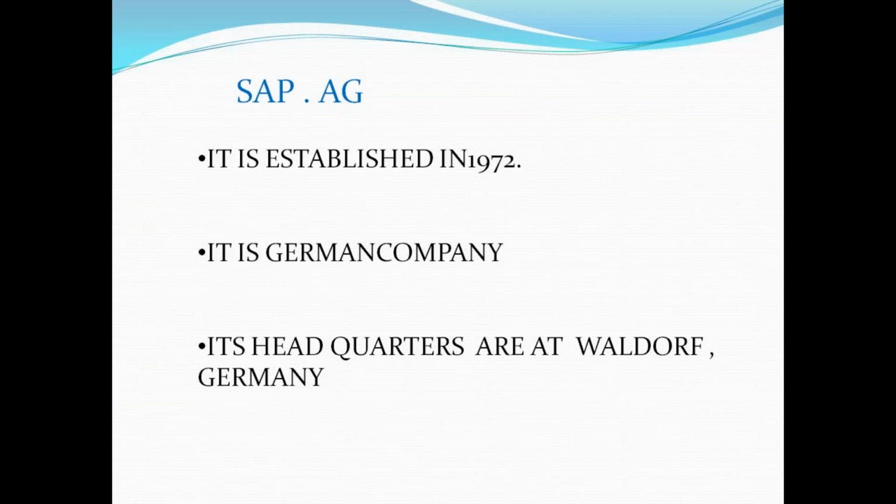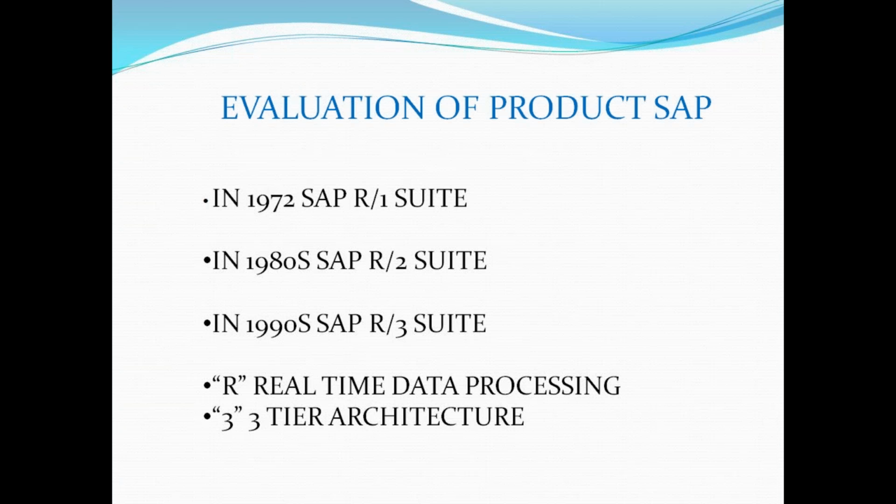The SAP product was developed by SAP AG, a German-based company, in 1972. Its headquarters are in Walldorf, Germany. The company introduced SAP R/1 in the 1970s, R/2 in the 1980s, and R/3 in the 1990s.